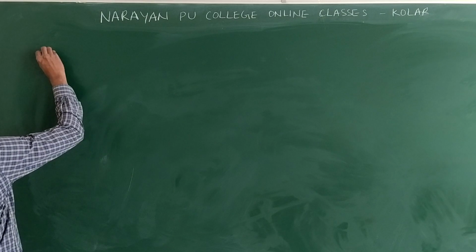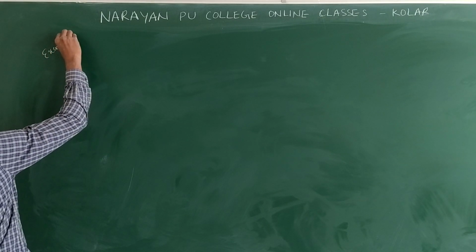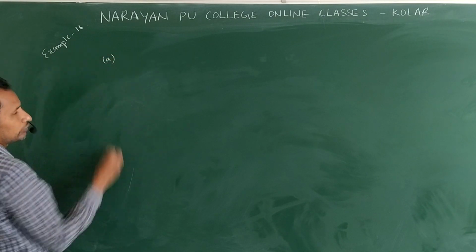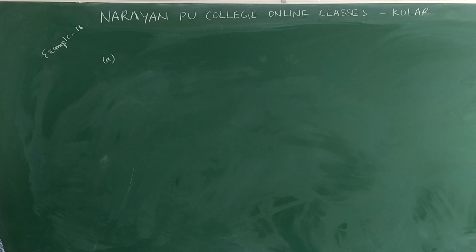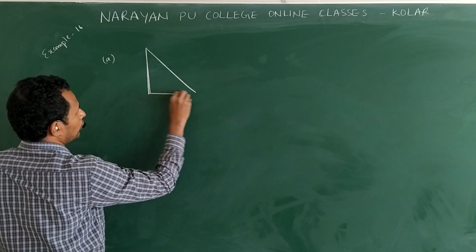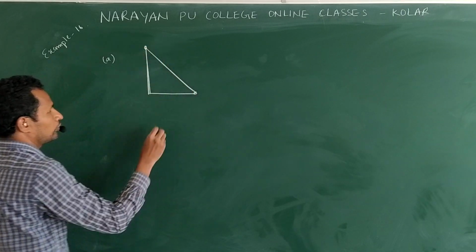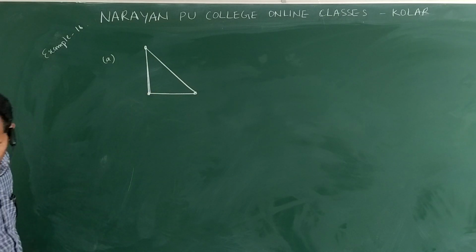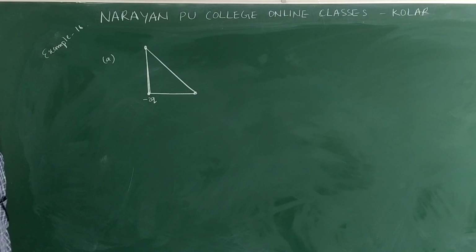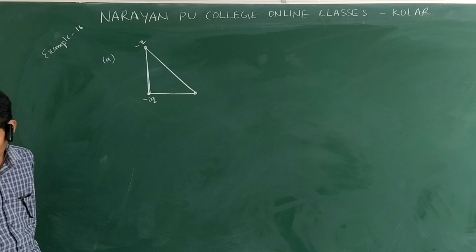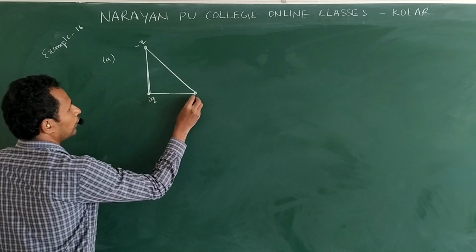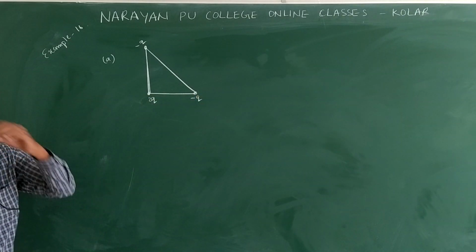Now see the first question, A. Question A is given like this. This is 2Q. Next, this is −Q, this is +Q, and this is −Q.